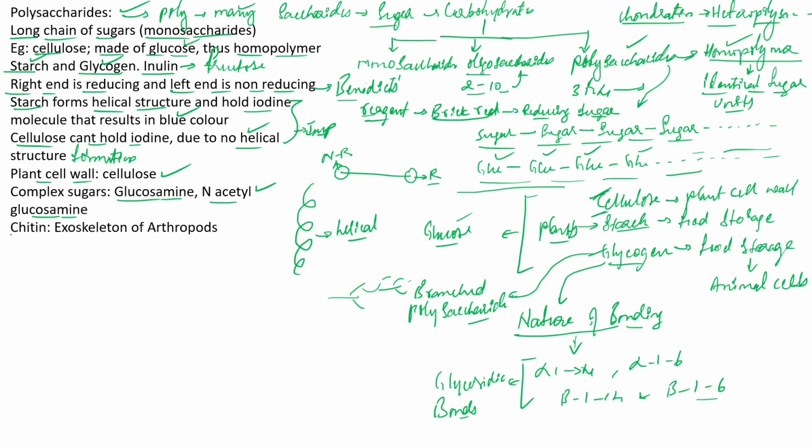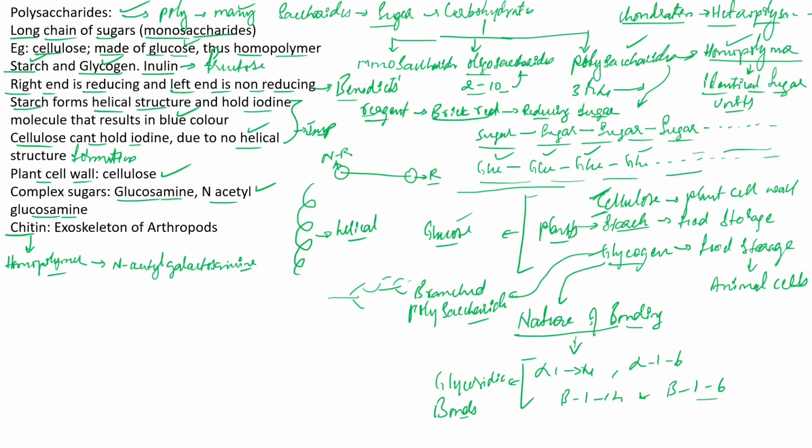And finally, we find one more homopolymer. Chitin is also a homopolymer. Remember this.